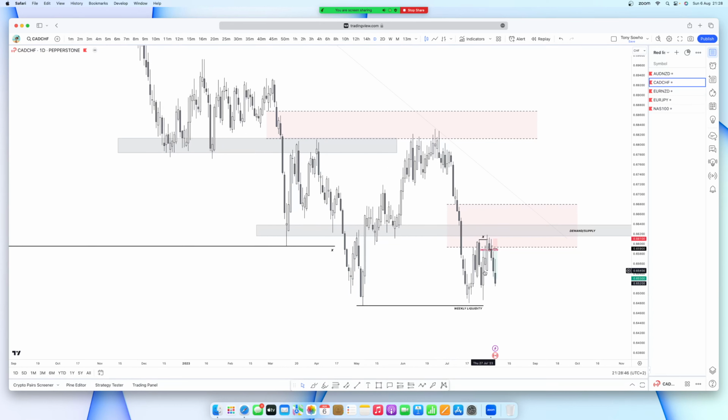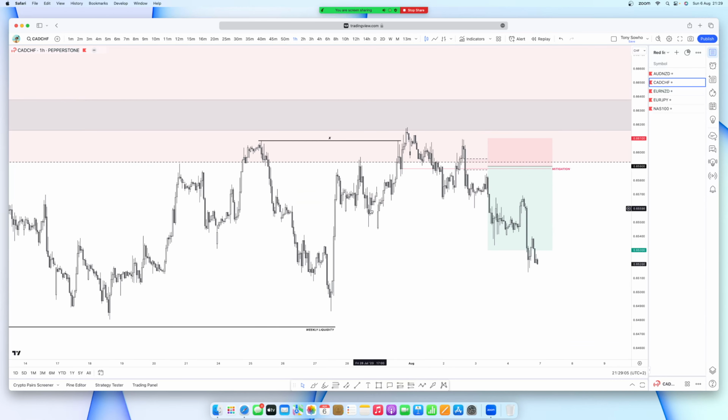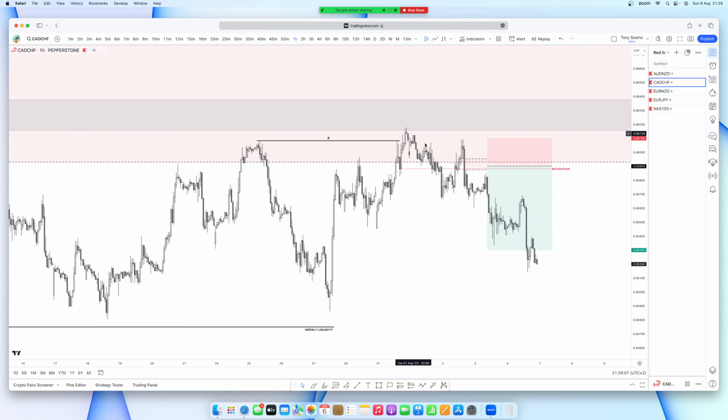Then price came there on this Monday. On Monday it was a big bullish day. Price came into that imbalance. And then, like I said, going into the week, that is when I look for my entries. On the 1 hour time frame, I saw the break of structure as the structure shifts to the downside. After this liquidity sweep, we had the structure shift to the downside.